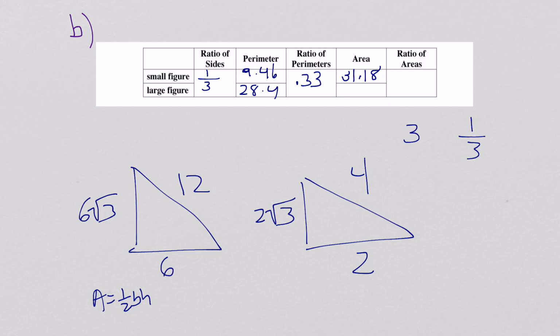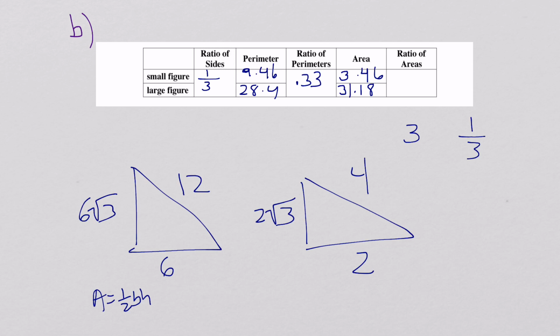And actually that's for the bigger figure, sorry. For the smaller one, we have 2 root 3 times 2 divided by 2, which is about 3.46.